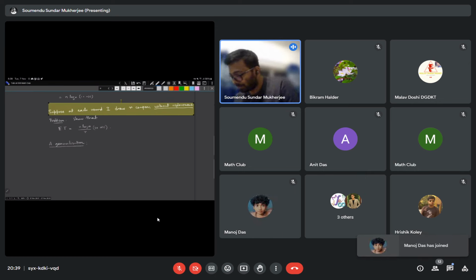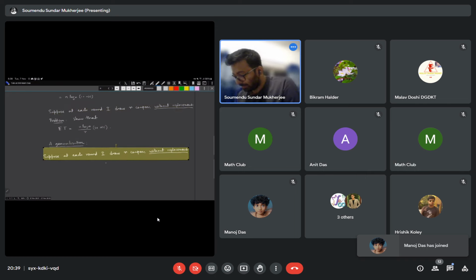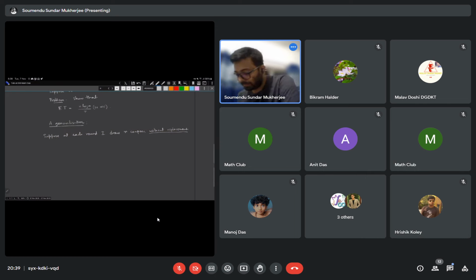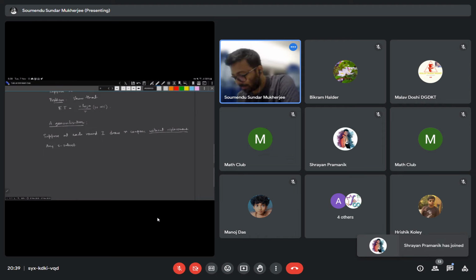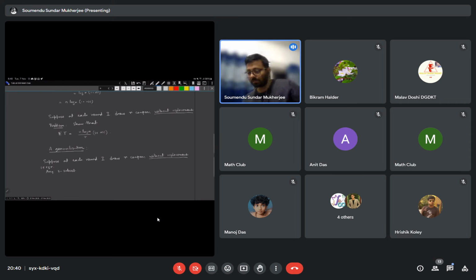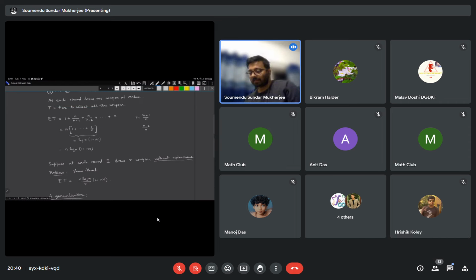What do I mean by that? Imagine that any S subset, where S is less than or equal to R and bigger than or equal to 1, of this 1 to n, I will call a super coupon.